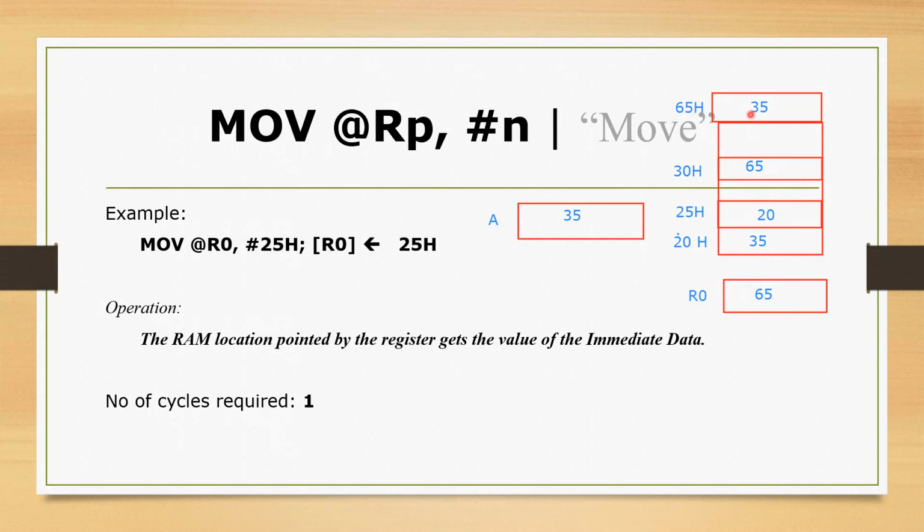To that location, we are copying an immediate data 25. So an immediate data 25 is loaded to this memory location. Here #25 means immediate data that is loaded to the particular location.